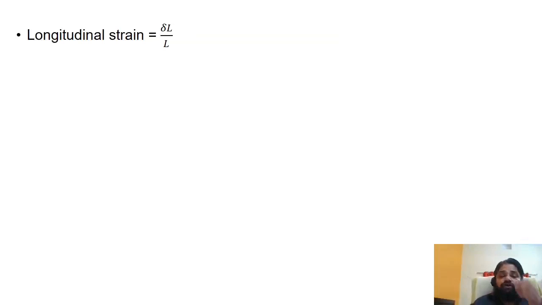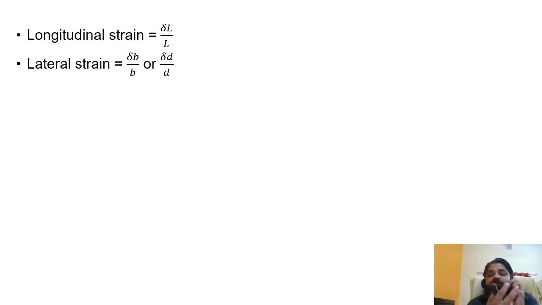So that is represented as one longitudinal strain and one lateral strain. And lateral strain can be of two types. The object I have shown is a rectangular object, and a rectangular object has two dimensions, width and thickness.